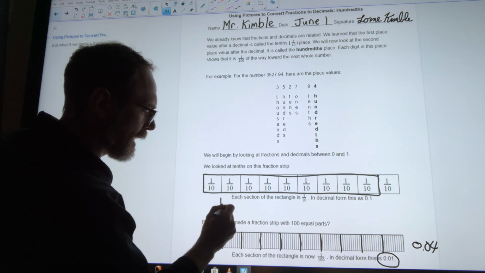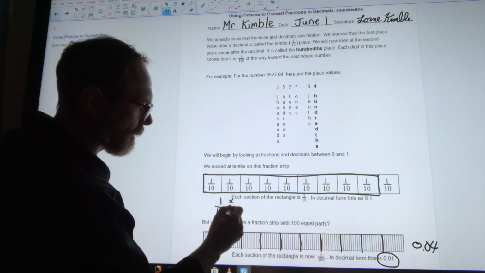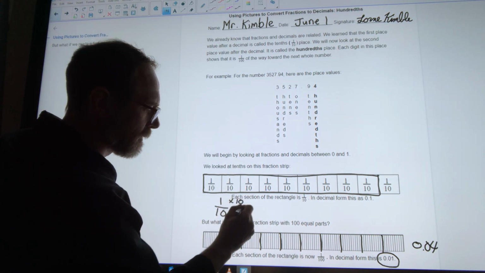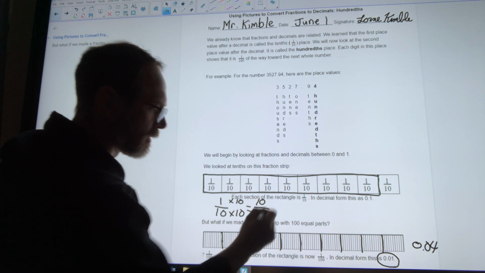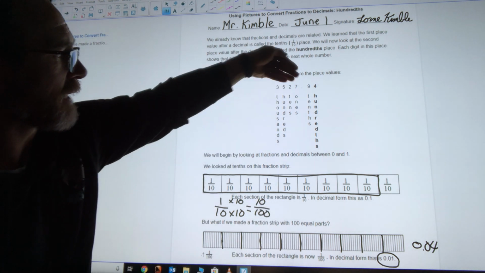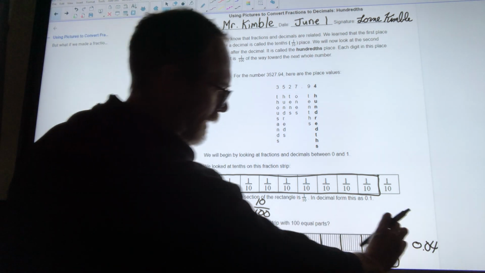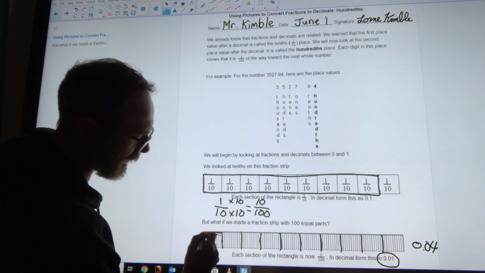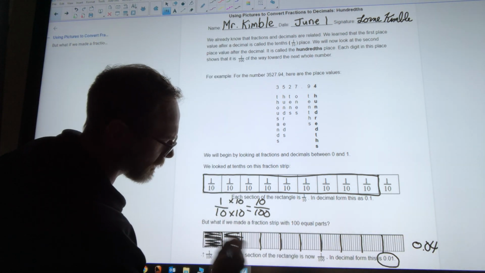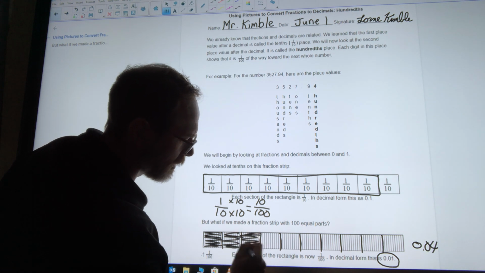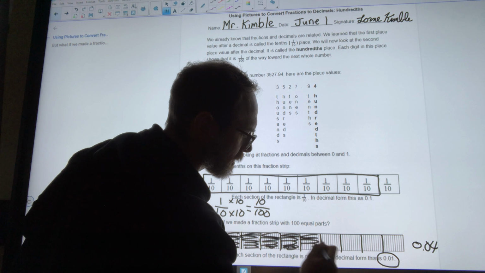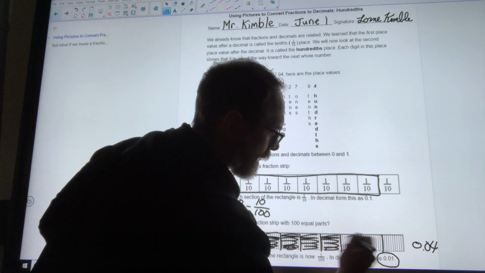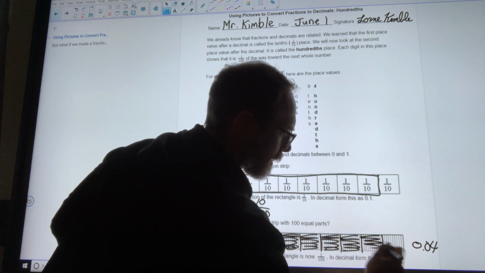If I have 1/10, and if I multiply the top and the bottom each by 10, then I would get 10 hundredths. So if I was putting 9/10 and 4 hundredths together on this, I would have 1/10, 2/10, 3/10, 4/10, 5/10, 6/10, 7/10, 8/10, 9/10.